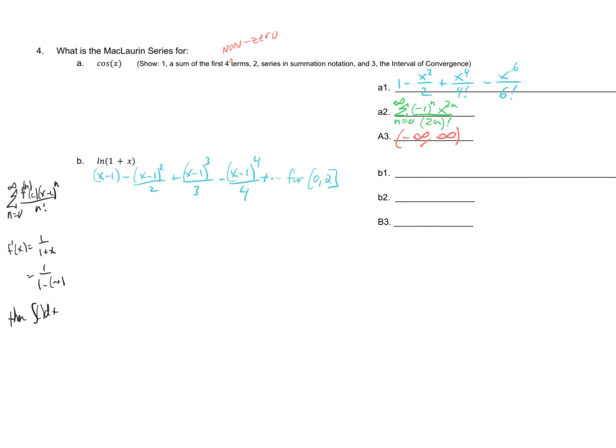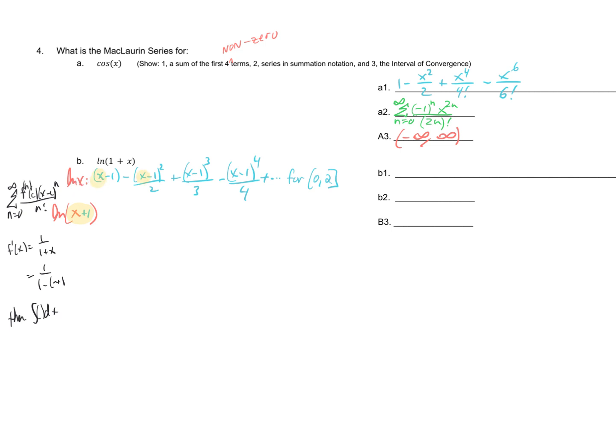In other words, we should know that for the natural log of x, its series is this. This should be memorized, and that's the interval of convergence. That's for the natural log of x. So if we do this translation, then we are substituting this expression in for the input x.